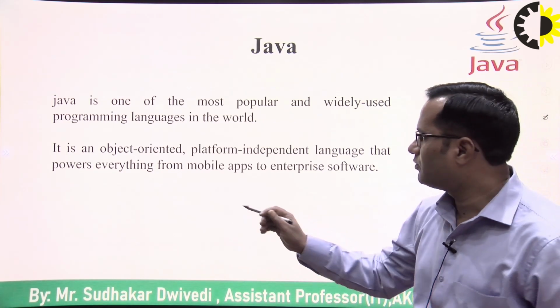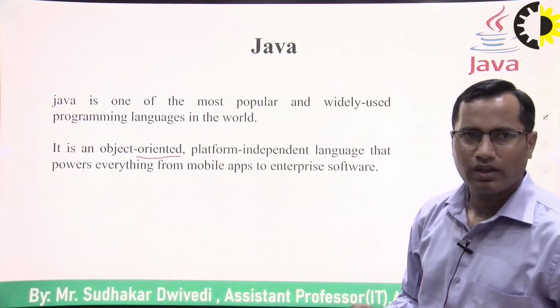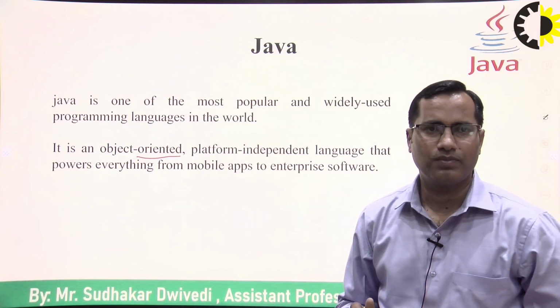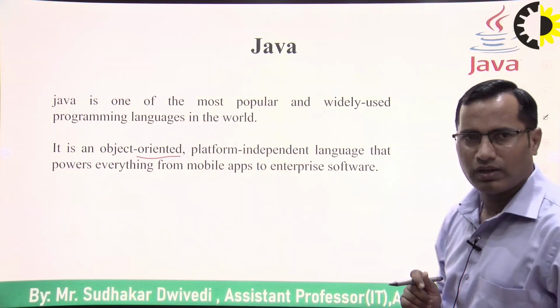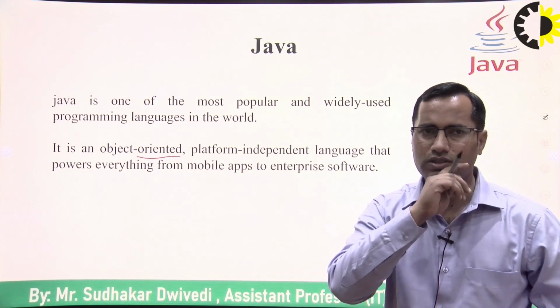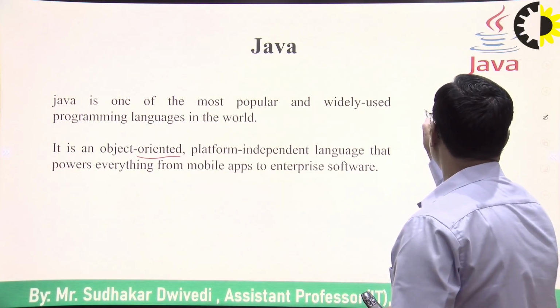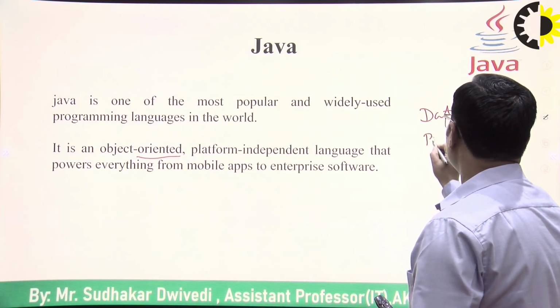First, I have said this is an object-oriented programming language. So what does object-oriented mean? We have learned a lot of programming languages, and one of the approaches is the procedural programming language. What happens in the procedural programming language? We focus on the procedures of the programs, not on the data. If we see, there are two things in programs: one is data and another is procedure.